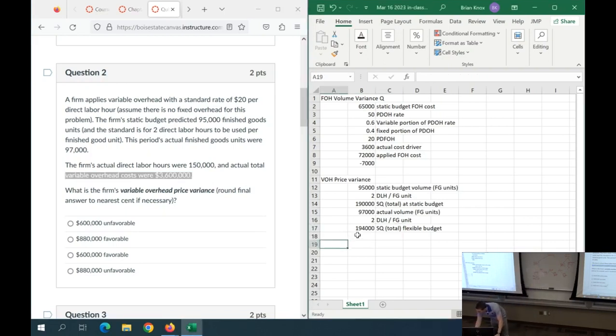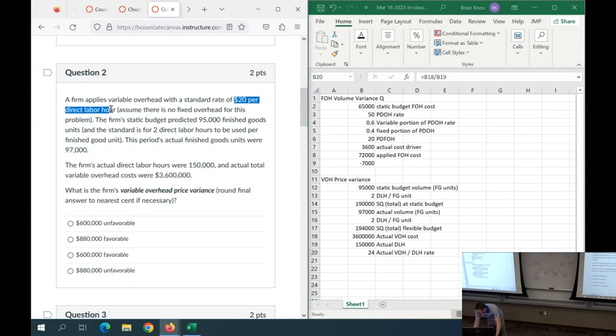We have 3.6 million, our actual VOH cost, and 150,000, our actual direct labor hours. This is our actual VOH per DLH rate. We thought our standard rate was $20 per direct labor hour. In reality, we ended up using $24 per direct labor hour.